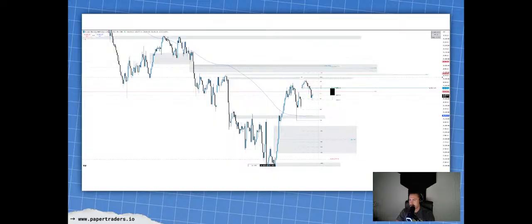Current hourly is inside the previous hourly range. So we can watch what price does once the high is swept or the low is swept. If the high is swept first and price holds above that high, then we are going to continue to the upside.